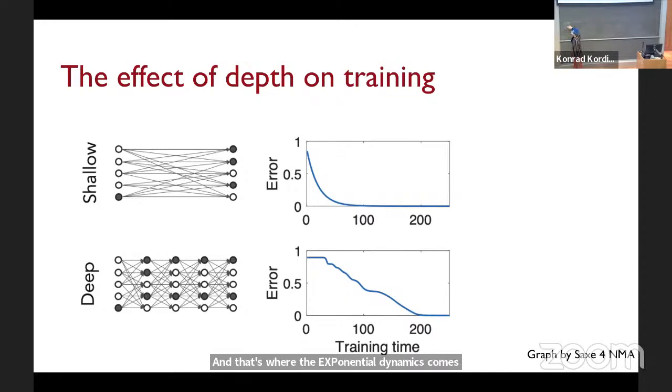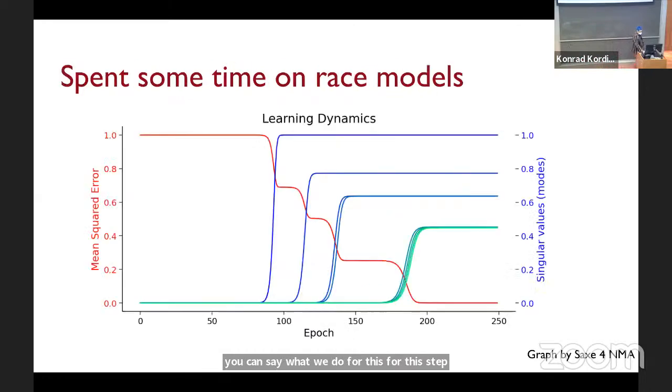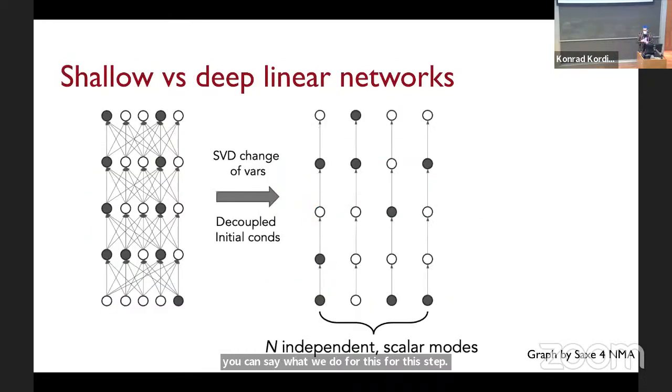So you can say what we do for this step, where we make it into independent dimensions, is that we basically take these deep linear networks to characterize the learning dynamics, but we take the rotation to characterize what maps on which dimension.